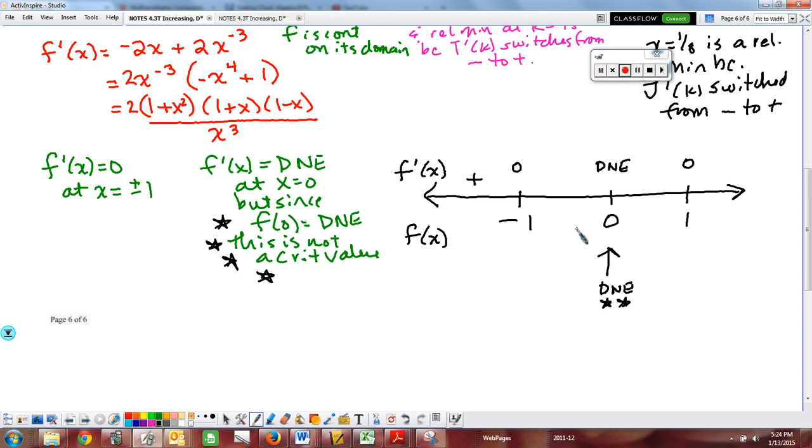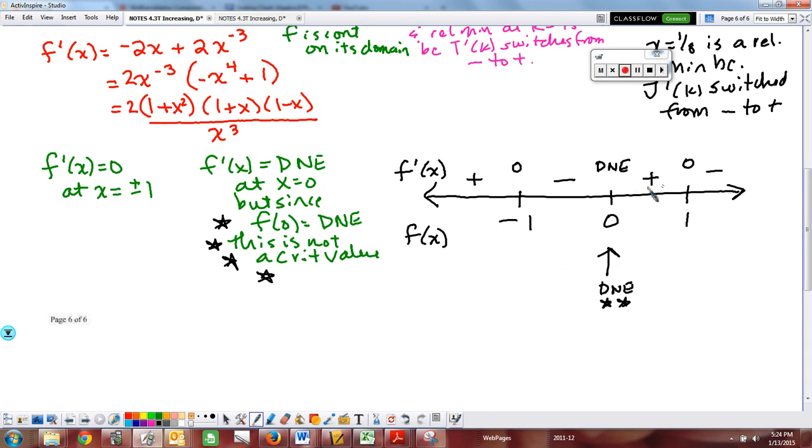If I pick something out here, say 10, I would end up at a positive, a negative, and a positive, so that's going to be negative. Then we check in between, say negative 1/2. At negative 1/2, this is positive, this is positive, this is negative, so that's negative. And then if I put in 1/2, we have positive, positive, and positive, so that's positive.